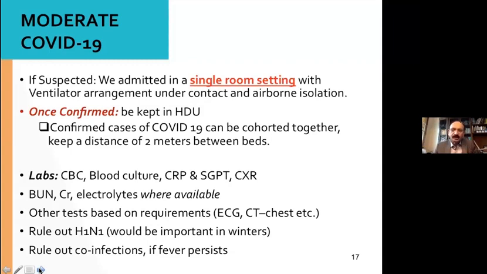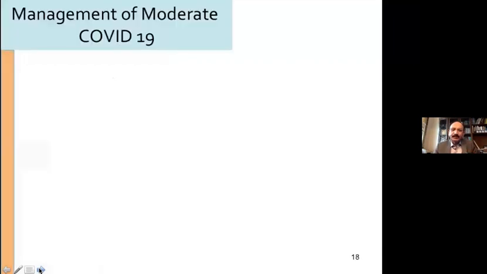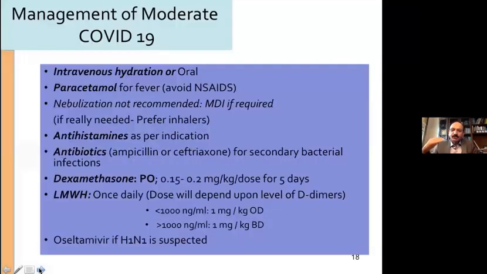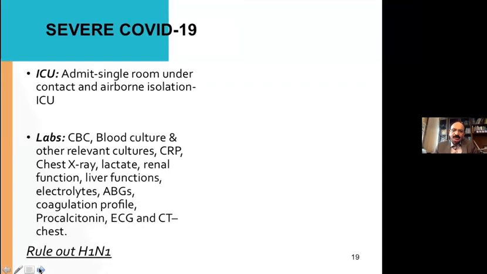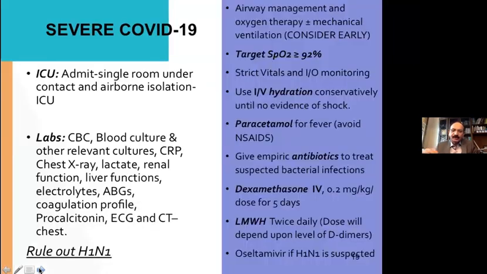But just to give you an idea, if you see a sick child in a moderate illness, they need to be admitted in a hospital. Once they are in the hospital, the pediatrician there would decide when to start steroids, when to give low molecular weight heparin or any other treatment which is considered a compulsion these days in patients with COVID-19. Of course, if they get very sick, then they are admitted in an ICU setting.